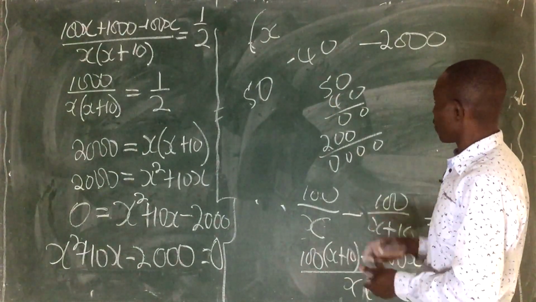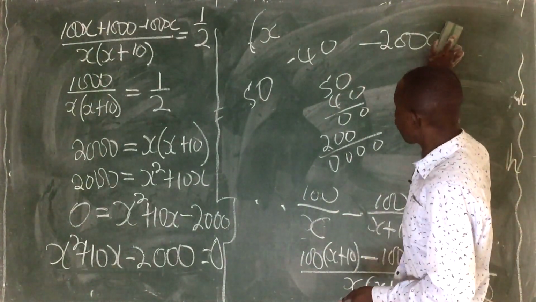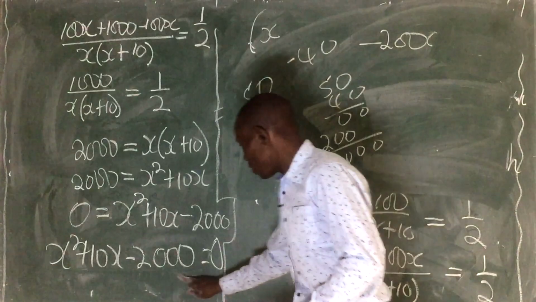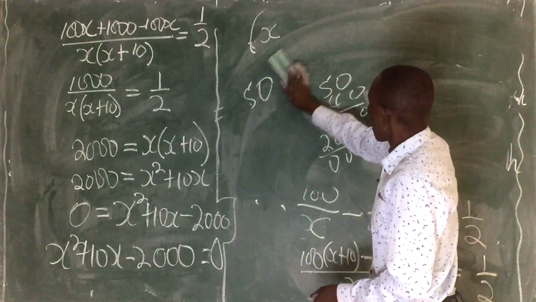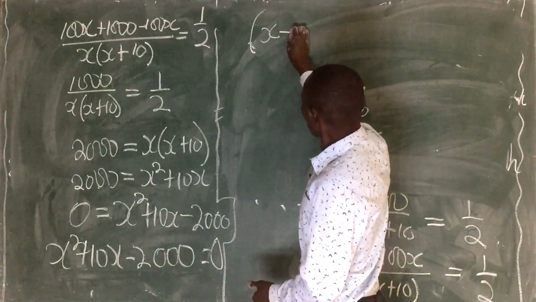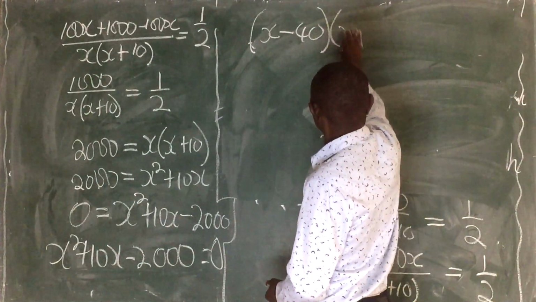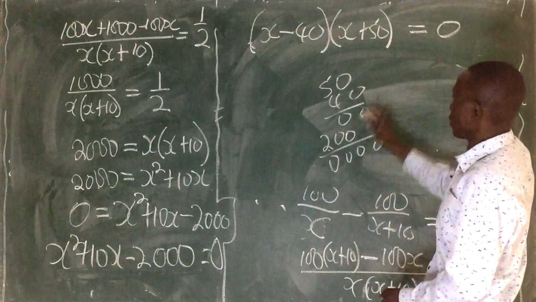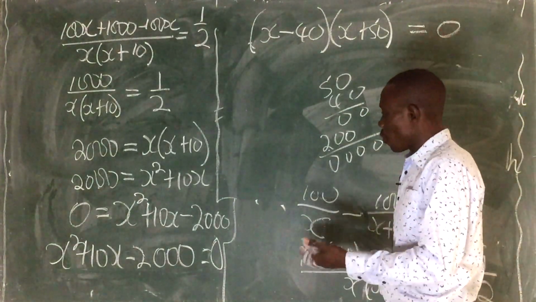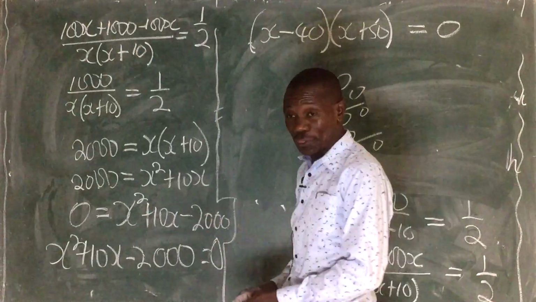Completely factorized, this is x minus 40 multiplied by x plus 50, equal to 0. We all know how to factorize this by the grouping method.